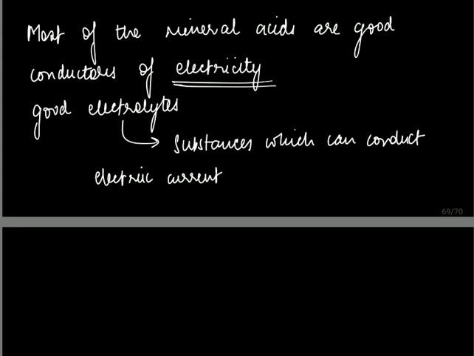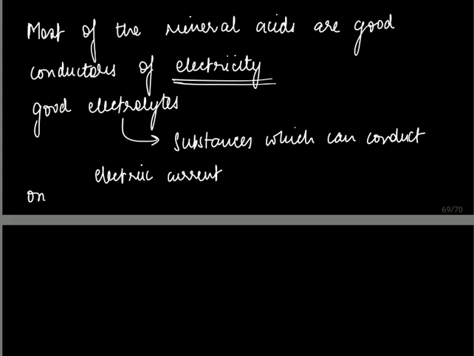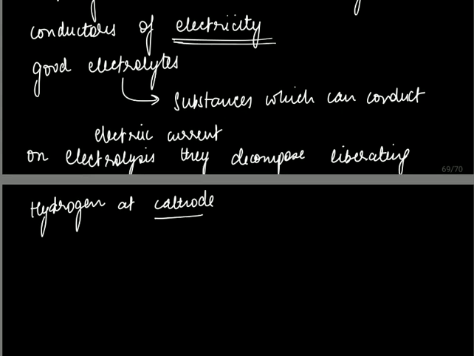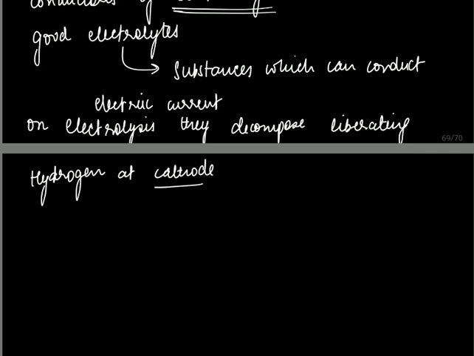So we can write this in a single line: on electrolysis they decompose, liberating hydrogen at cathode. Cathode is a negatively charged electrode. Now we move to physical properties of bases.